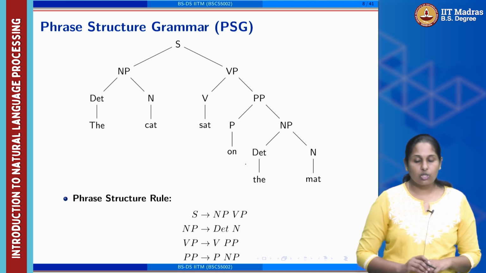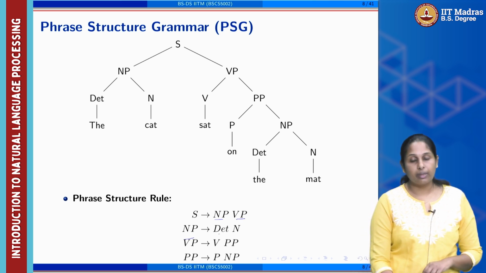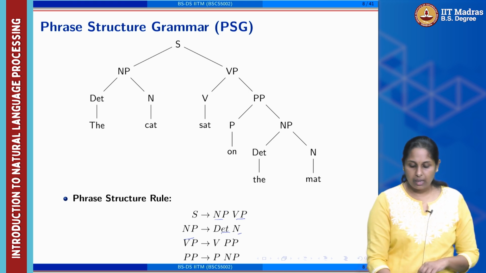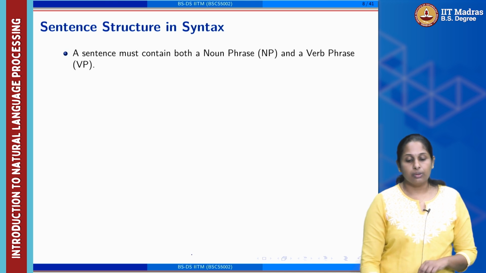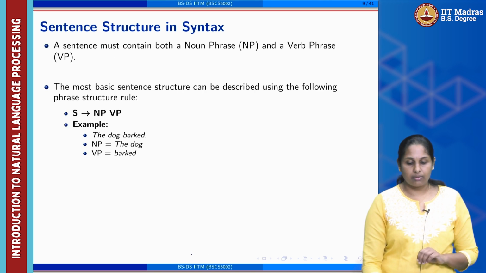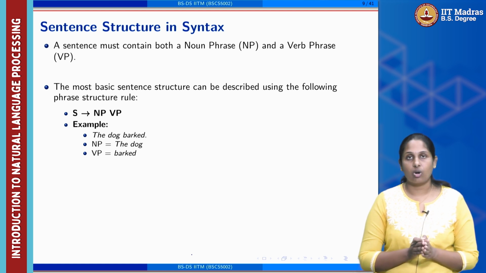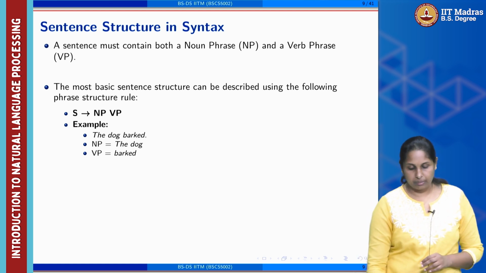So the phrase structure rule here expresses that sentence is rewritten as NP and VP. NP is a determiner and noun, the similar thing, and VP is V and PP, and PP is P and NP. So now the sentence structure, as we see, every sentence starts with S, and it can have NP and VP.